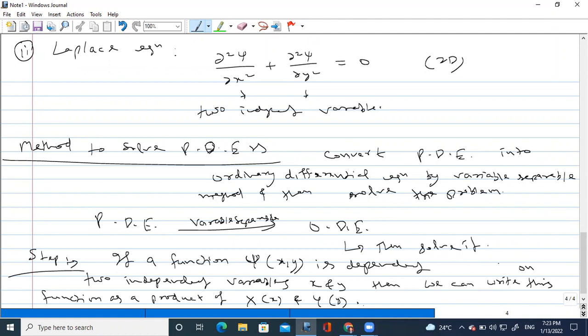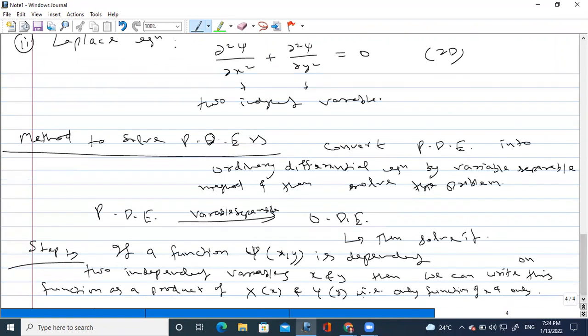So we can write this function as a product of X and Y which are X(x) and Y(y). So like this you can write, that is only a function of x and only a function of y respectively.